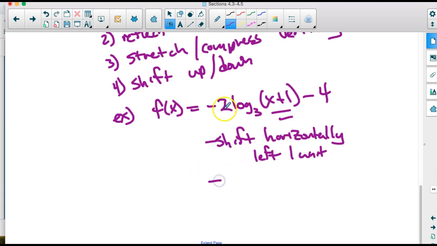That's the first thing that would happen. The second thing would be a reflection on the x-axis. That would be a horizontal reflection.